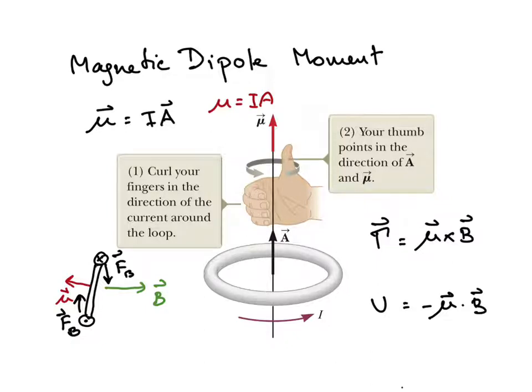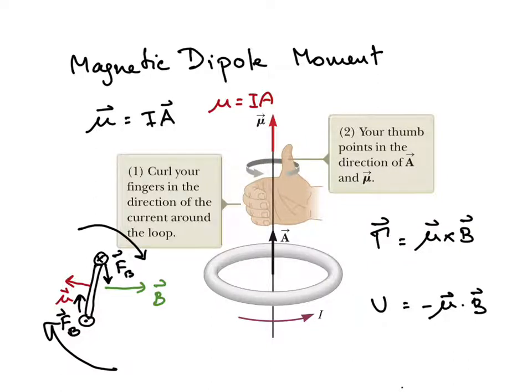So it means that the magnetic force tries to rotate the current loop in this direction, and we know naturally that the system tries to change from the state with a higher potential to the lower potential.